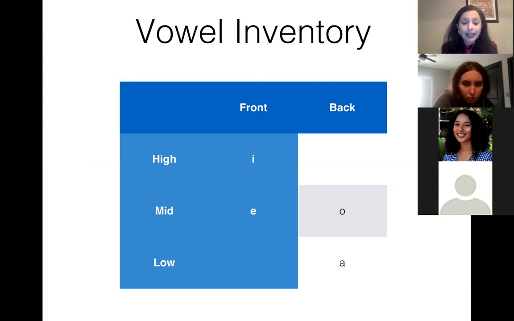There's front and back and high, mid, and low. And there are 4 vowels in Dothraki. So there's E, O, A, and no U, because U always comes in a consonant cluster with the K. Right? So you never get it as a singleton vowel. So a very simple inventory, if you ask me, for the vowels, nothing too complicated, right?